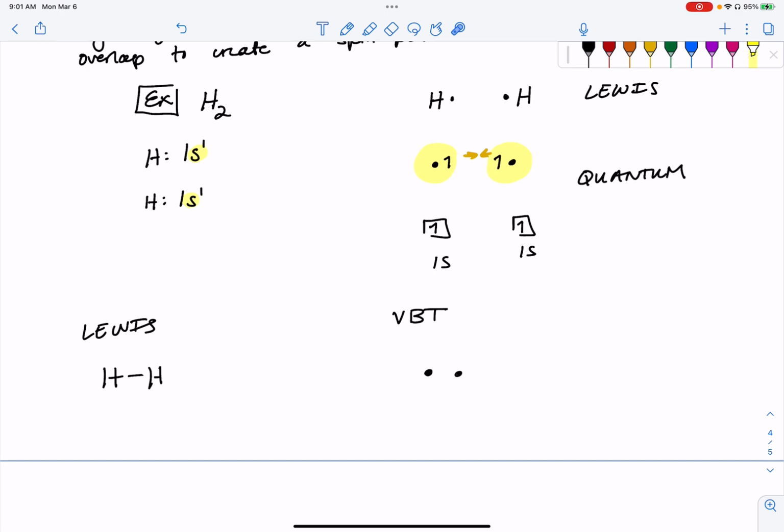It's kind of like if we had to smash these together to just the right degree of smashing, we would probably see something like this, where in this overlap region here, this is where we would find a spin-paired bonding pair, which is the result of these two spin-up electrons coming together and, in that overlap region, forming a spin pair.